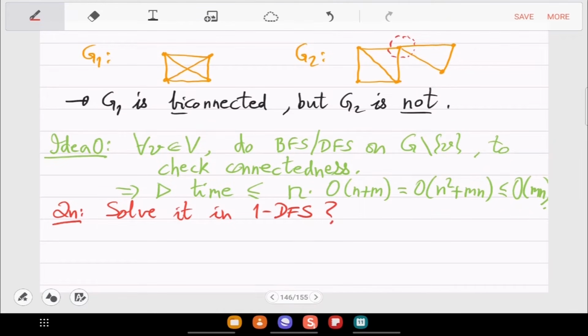Okay, so we just want to use the DFS tree and we want to check this property that there is no weak node, which if you remove, then the graph becomes disconnected. So for this, we have to do some graph theory.